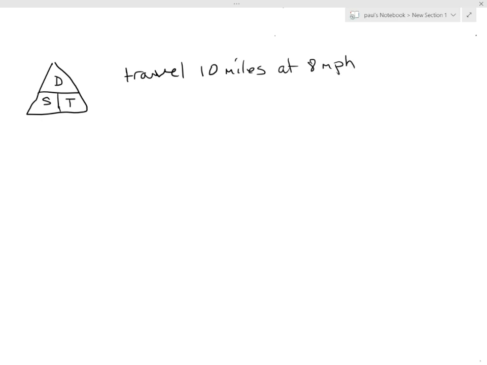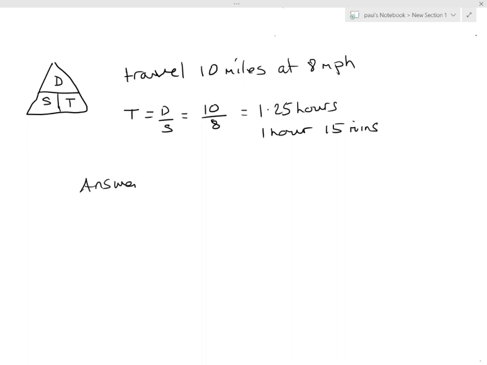So we need the time equals the distance divided by the speed. The distance is 10, the speed is 8, and that equals 1.25 hours, which is 1 hour and 15 minutes.